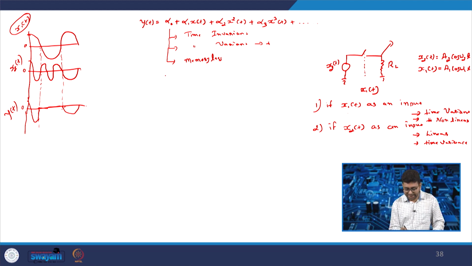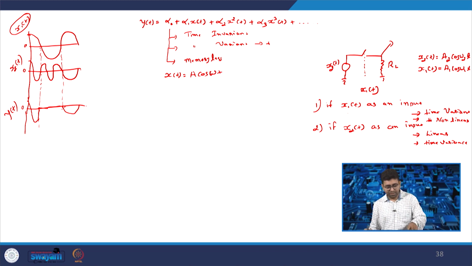Now, if your x(t) is equal to A cos omega t, before we find out y(t), one more thing I want to add: what kind of function is possible if we are designing an amplifier.